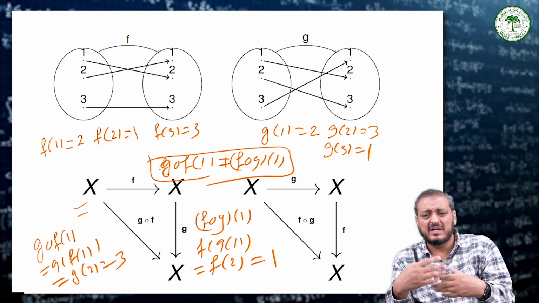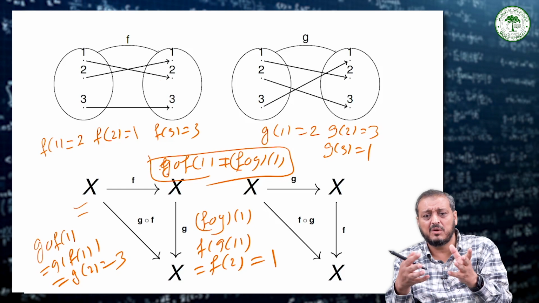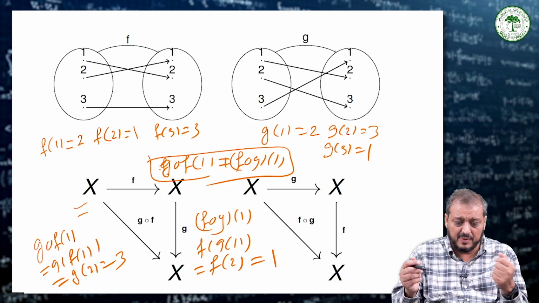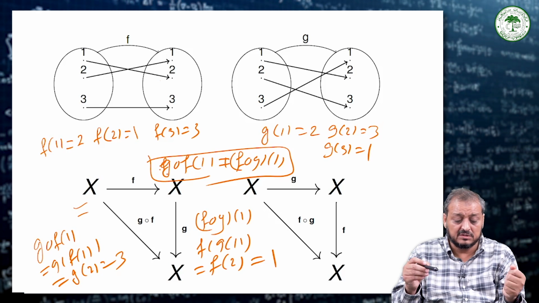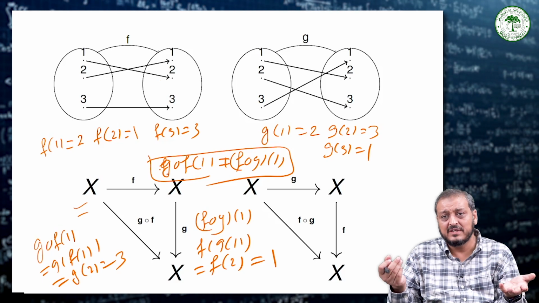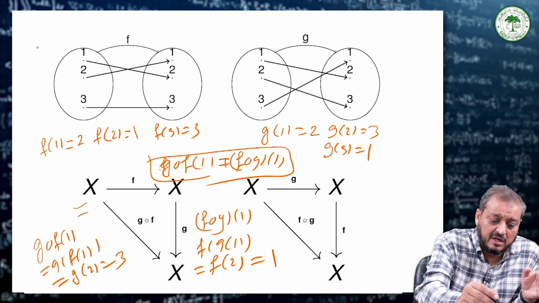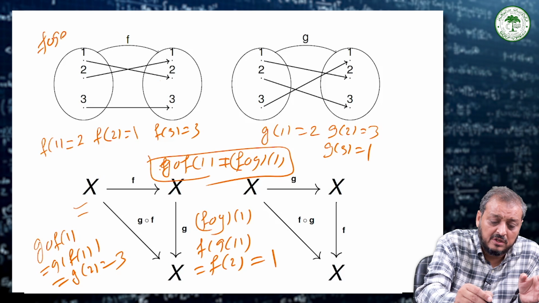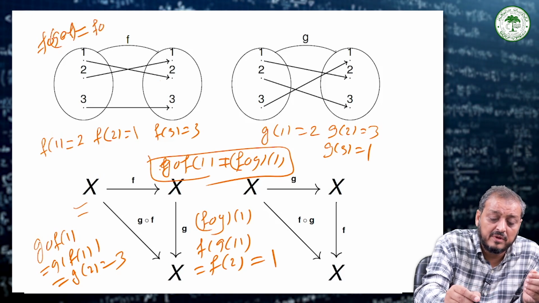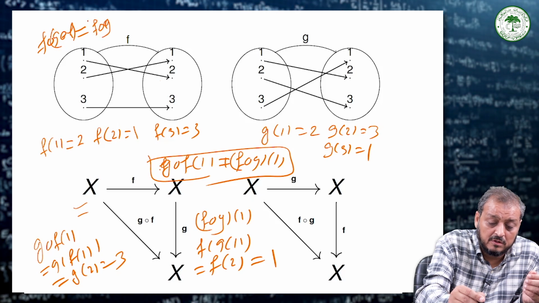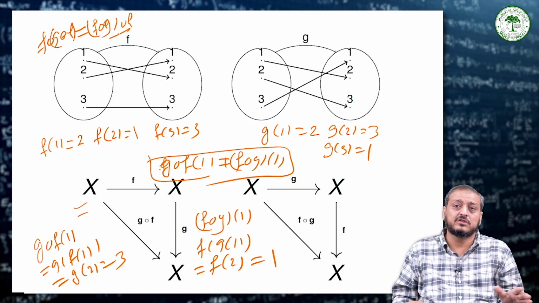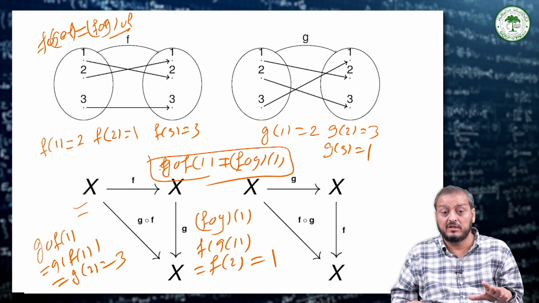Also we can show that associativity is not a problem. For example, we take one more function h, which is also bijective. We can show that f composition g composition h is the same as f composition g composition h, so composition of functions is associative, but is not commutative.